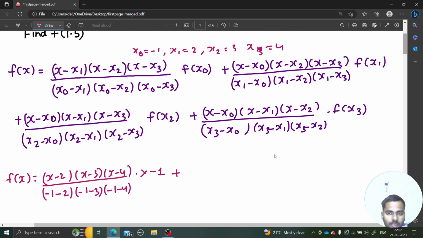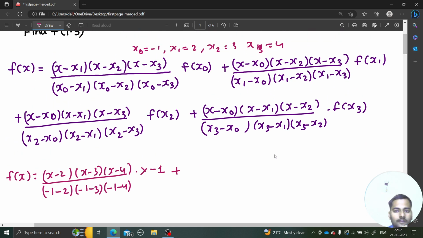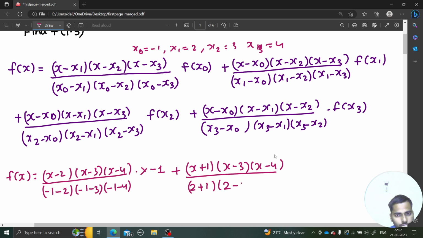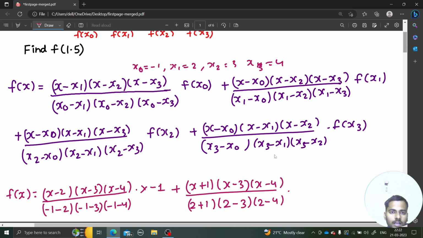Plus, you have now x minus x0, so that will be x plus 1, x minus x2, x minus x3, x1 minus x0, x1 minus x2, x1 minus x3. f of x1 is 11.